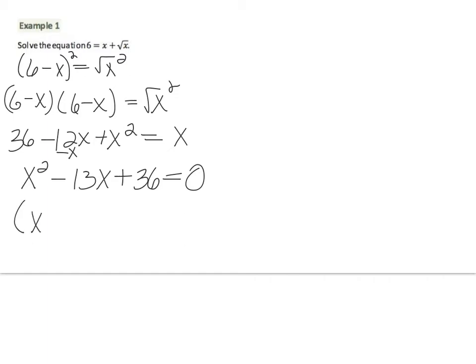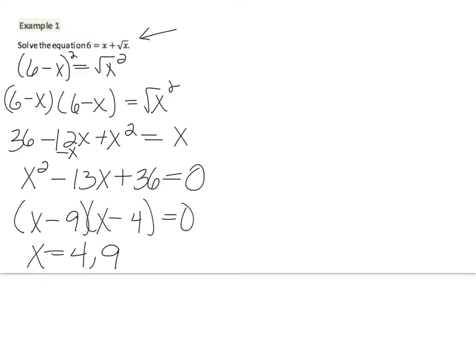Okay, so we need factors of 36 that add to give us 13. How about x minus 9 and x minus 4? So x equals 4 and 9. We do need to check for extraneous solutions, so I'm going to put my answer back in here. 6 equals 4 plus the square root of 4. 4 plus 2 equals 6.